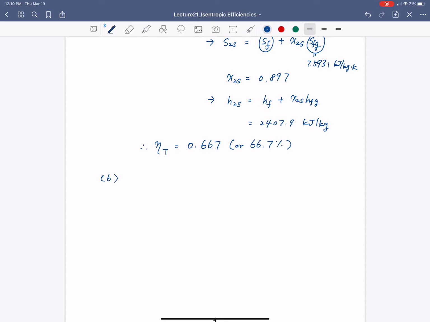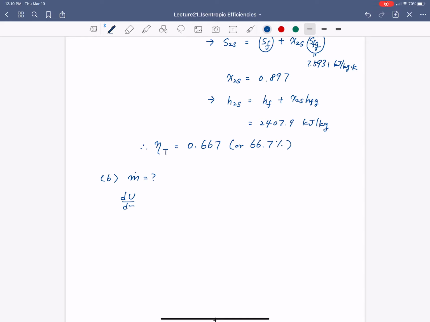Now, how can you calculate the mass flow rate? The turbine is in steady state condition, so we've got to use the first law of thermodynamics for an open system when the system is in steady state condition.